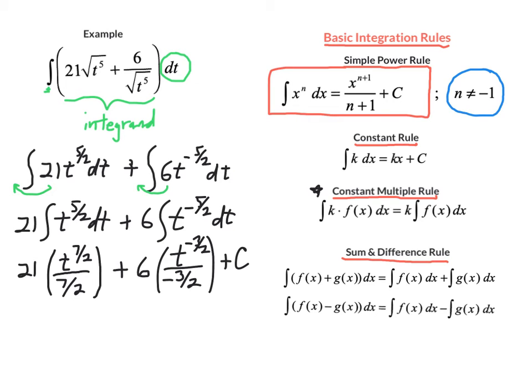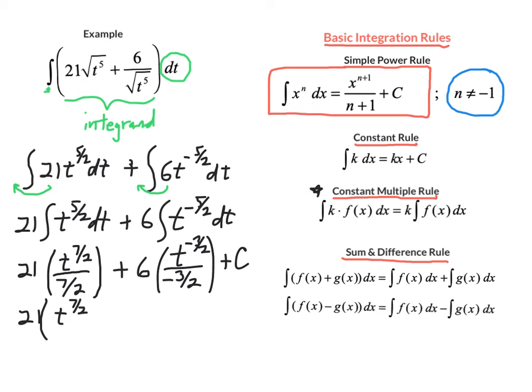Now, this looks a little awkward. When you have rational exponents and you start to apply the power rule, you're building, by definition, compound fractions. And nobody really wants to look at that as their final answer. So with a little bit of practice, what you do when you have rational exponents is you raise your exponent to the n plus 1, and then instead of dividing by n plus 1, we multiply by the reciprocal.